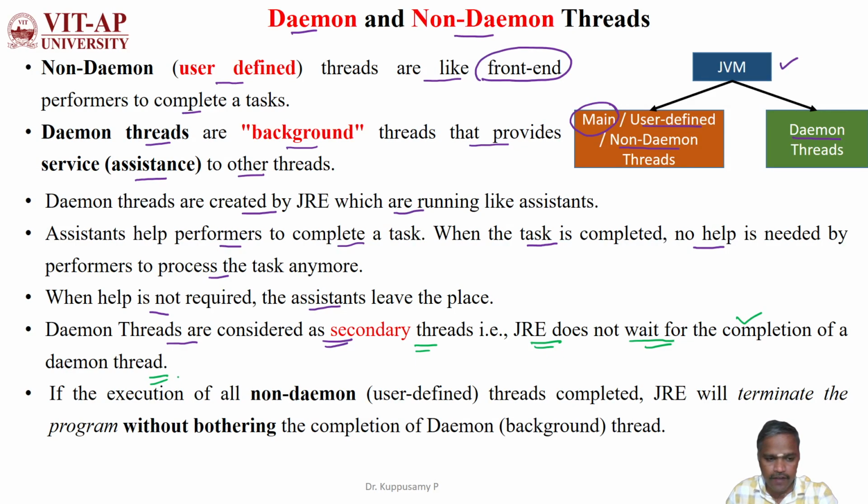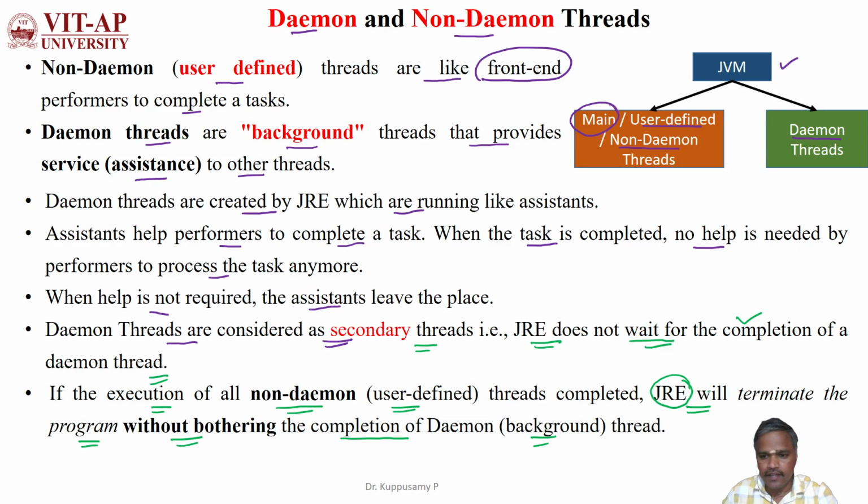When will it be terminated? Once all non-daemon threads, that is user-defined threads, have completed the task, the Java runtime environment will terminate that Java program without bothering about the completion of daemon threads, that means background threads. Here the Java runtime environment only considers the non-daemon threads to complete their task.